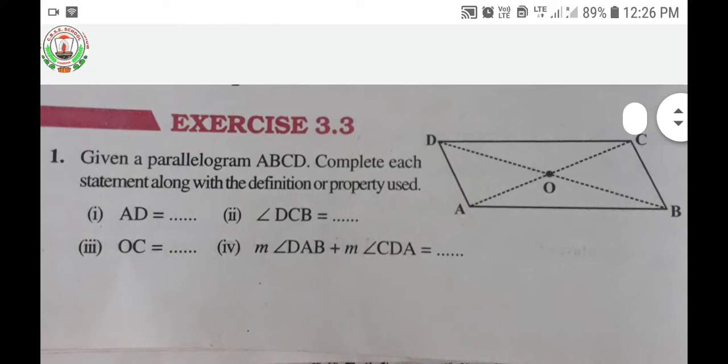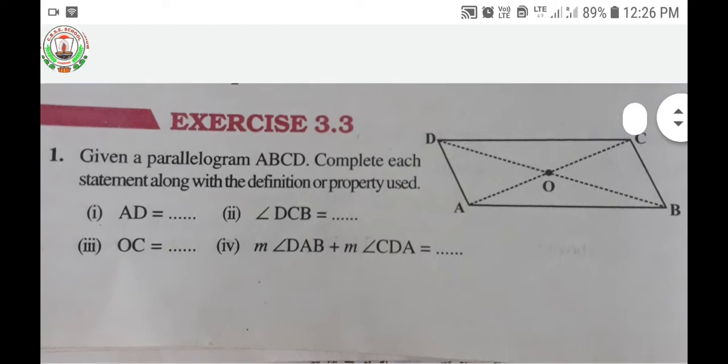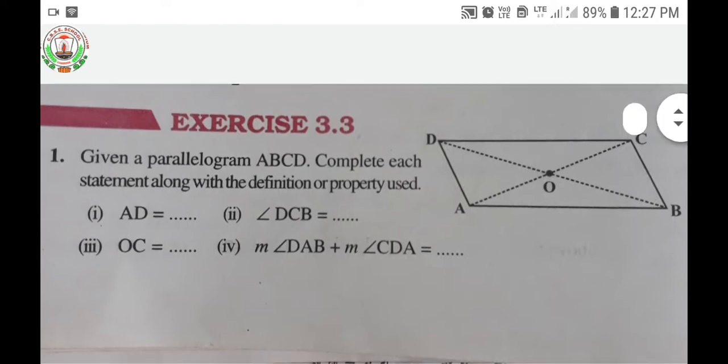So these are the opposite parallel sides of a parallelogram. The second property states that the opposite sides of a parallelogram are of equal length. That means length of AB is equal to length of CD, whereas length of AD is equal to length of BC.